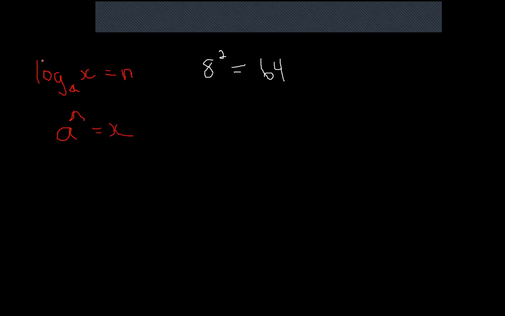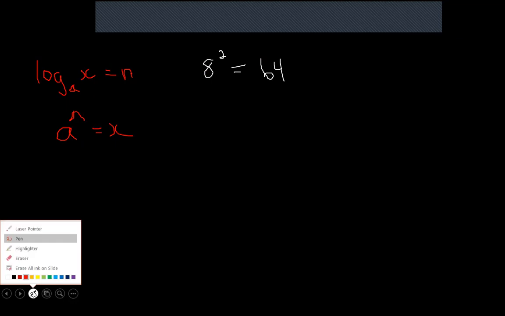This is the log form, and I could rewrite this log form into the exponential form, and this is what it would look like, right? So 8 squared is equal to 64. That's in the exponential form. And what they want me to do is to write this in the log form. So all I have to do is look at these two and rewrite it in the log form.